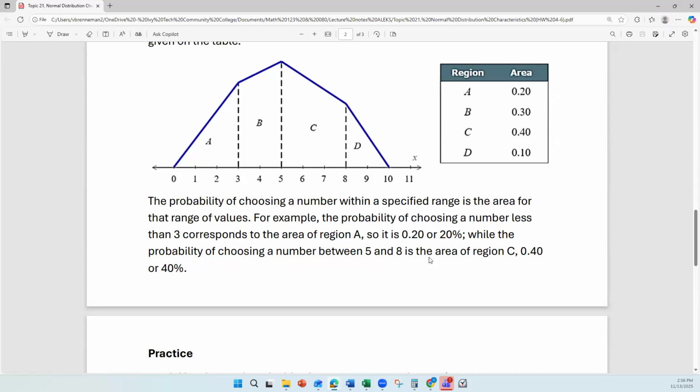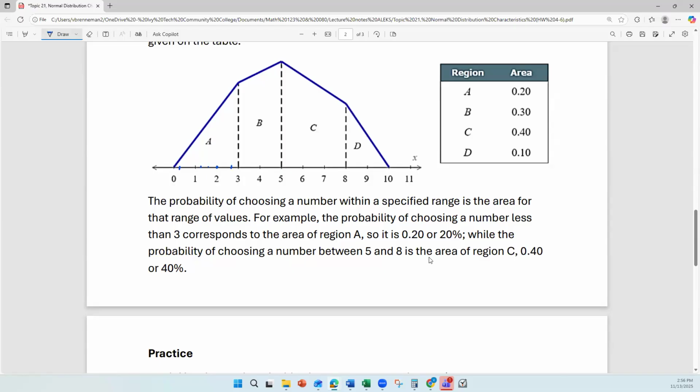The height of the curve at any given point is the frequency of that value. But we're not just choosing whole numbers, we're choosing any real number. So I could choose this number here, or this, anywhere in there.